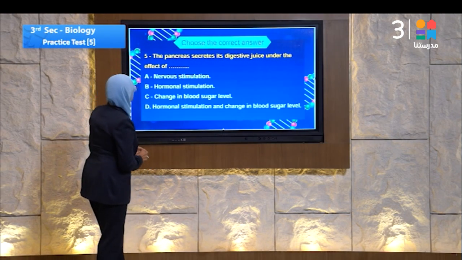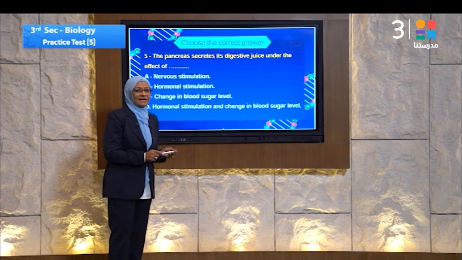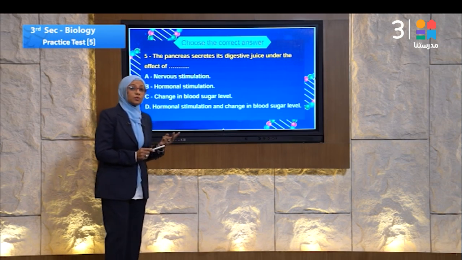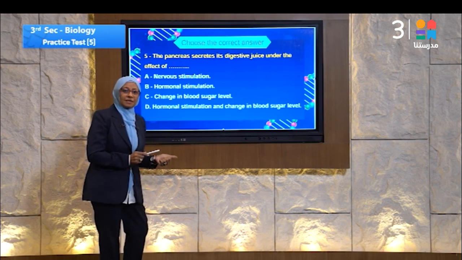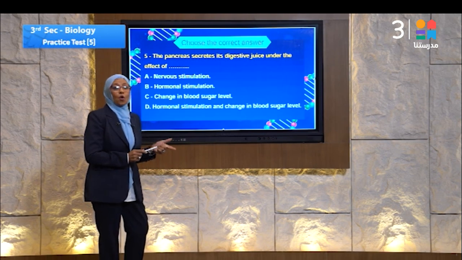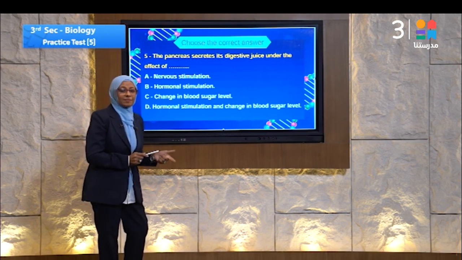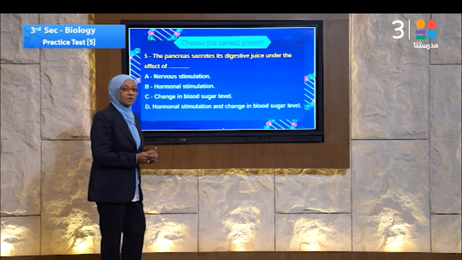Number 5 speaks about the pancreas. The pancreas is a mixed gland which has 2 roles. The first one, to secrete enzymes in the digestive canal, and the second role is secreting hormones inside the bloodstream. So let's read about the pancreas.